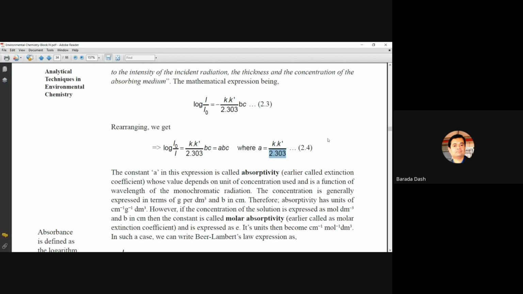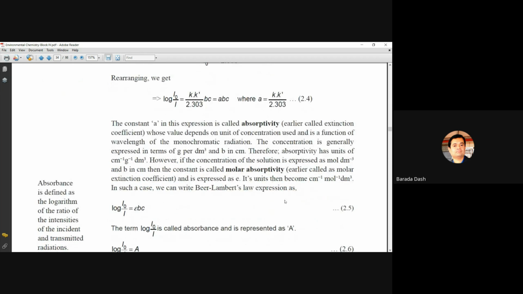If you derive this equation, you will find this constant A, which is called molar absorptivity, or the extinction coefficient, whose value depends on the unit of concentration used and is a function of wavelength of the monochromatic radiation. So this is basically a constant. Yes, sir. Thank you, sir.